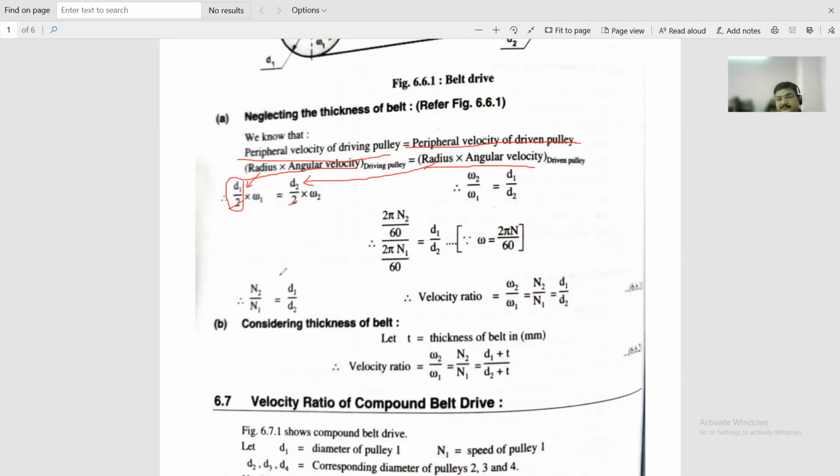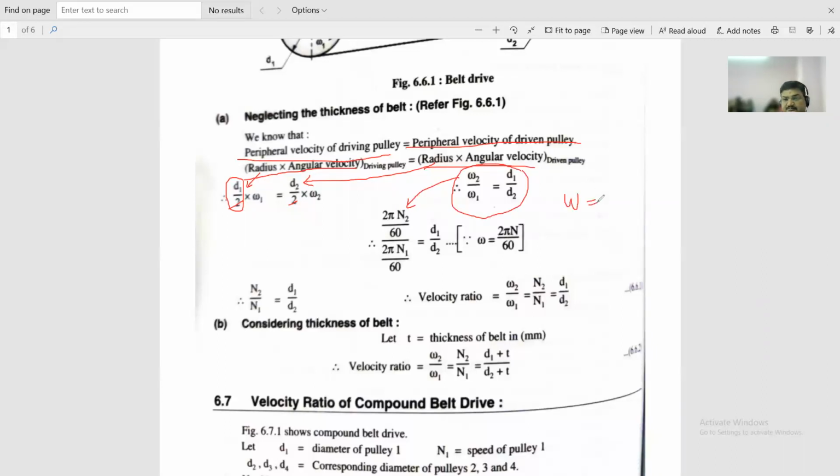When you bring omega, the angular velocity, to one side of the equation, and the diameter to the other side, you will get the formula omega 2 divided by omega 1 is equal to D1 by D2.